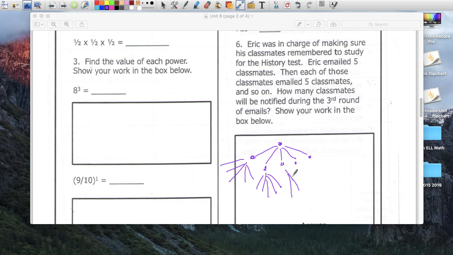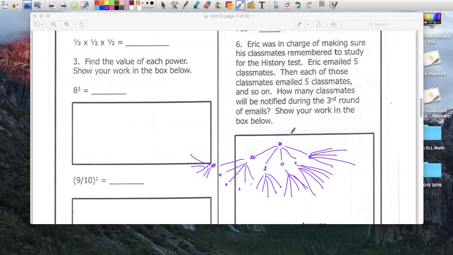This guy emailed 5 other people, and this guy emailed 5 other people, and this guy emailed 5 other people. And then these guys emailed another 5 people each. So there's a lot of people.